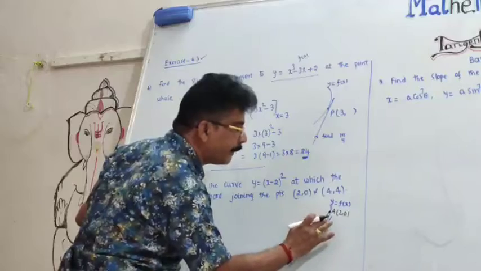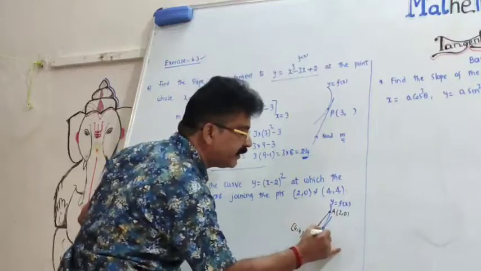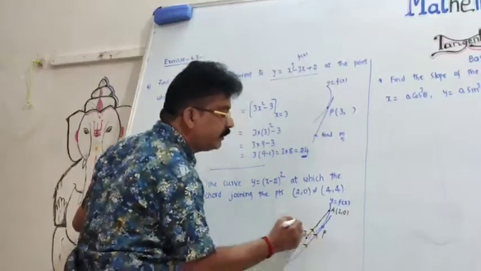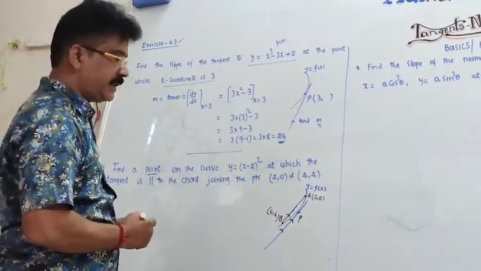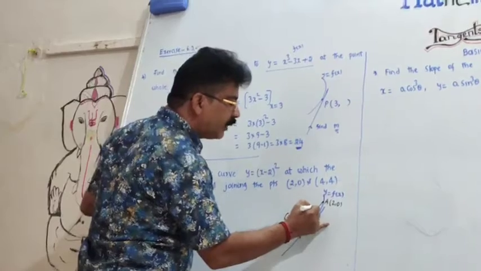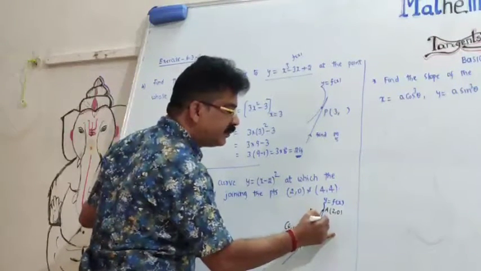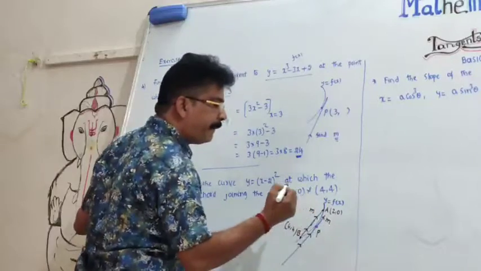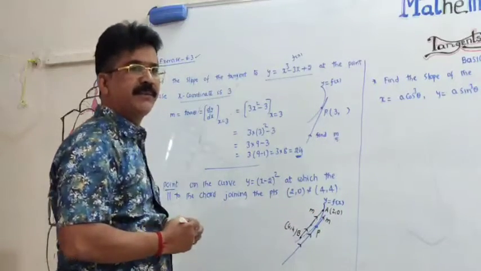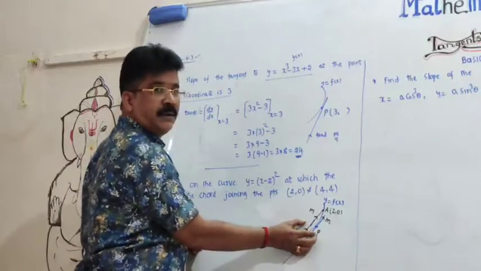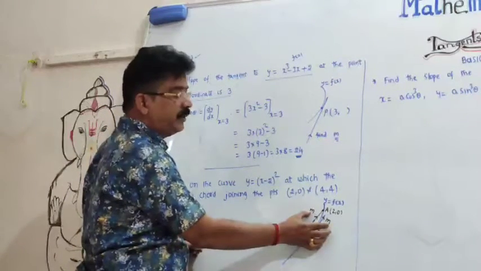This chord is parallel to the tangent at the point of contact, which I will mark there. Understand? Means what? If AB has slope M, then the tangent slope is also M. In geometry, first year geometry, that is 11th standard, if two lines are parallel, then the slopes are equal.